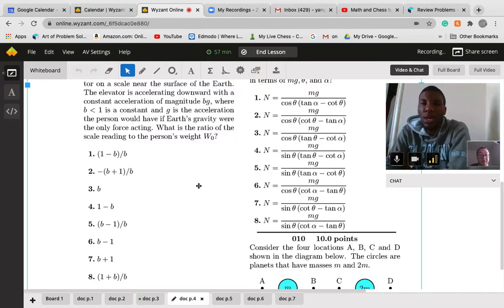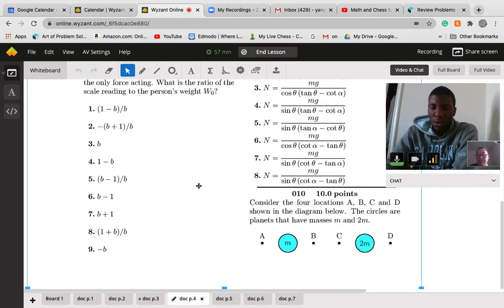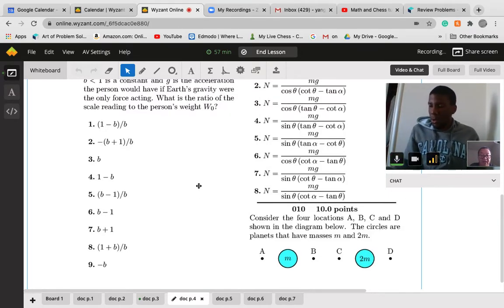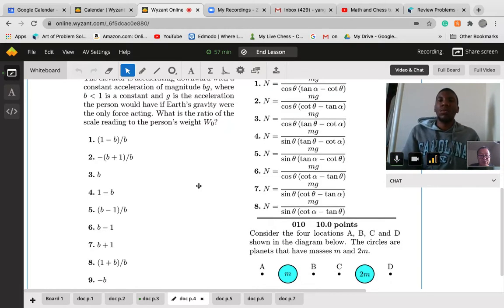You just send me the answer through message. Yeah, I will tell you this method after I finish this one. I have not got the final answer yet. I got the expression, but my expression is not the same yet as any of them. I need to do more extra work.